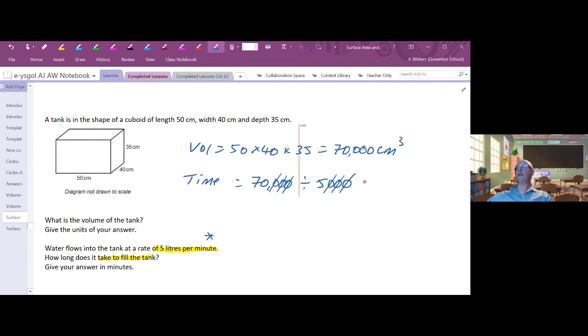And 70 divided by 5 is 14 minutes. Okay, so that would be a typical numeracy type question.